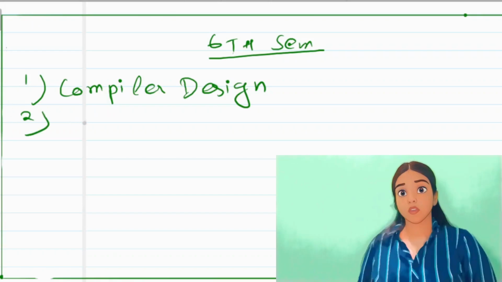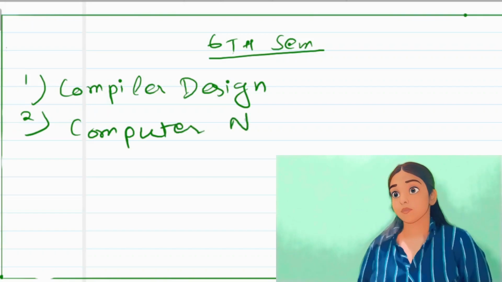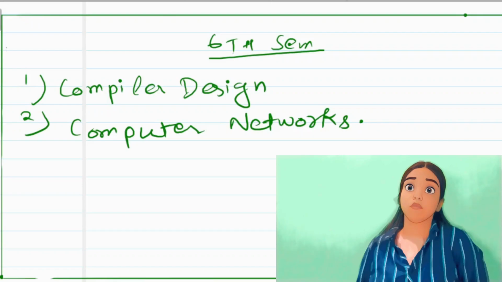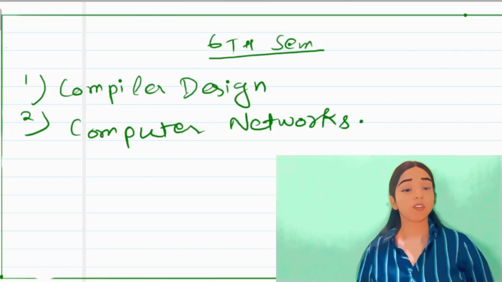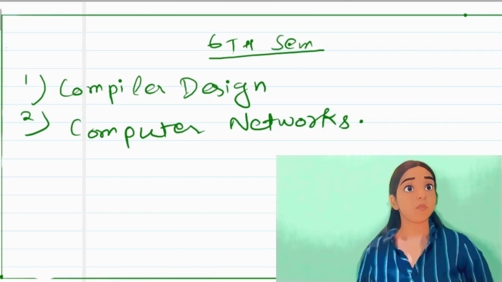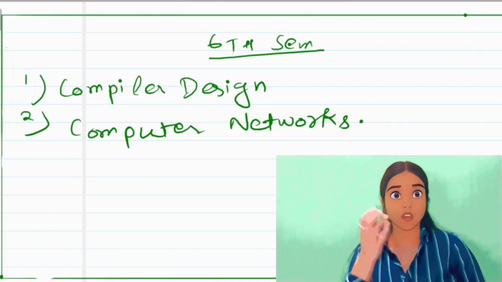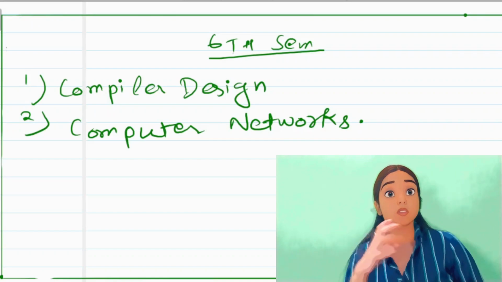Now the second subject was computer networks. Again, networking is important to learn. In this subject, we are going to learn about the types of networks such as WAN and LAN, and about the topologies that our network uses, such as mesh topology, star topology, and circular topology.